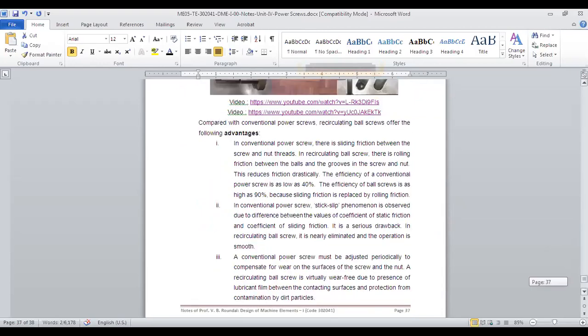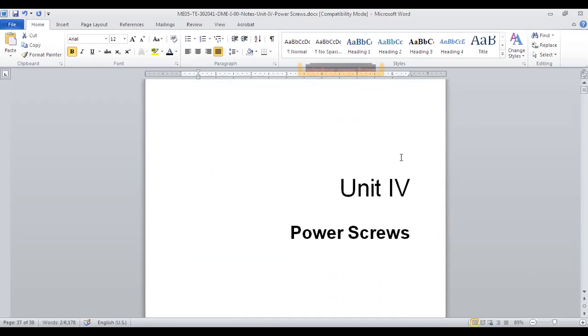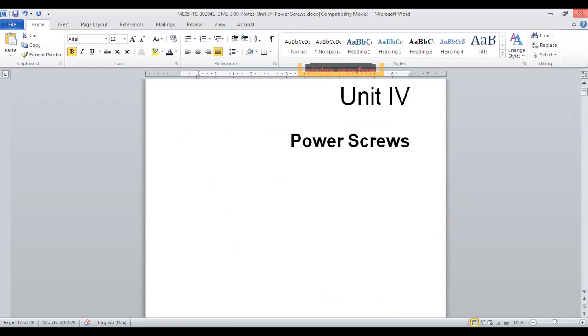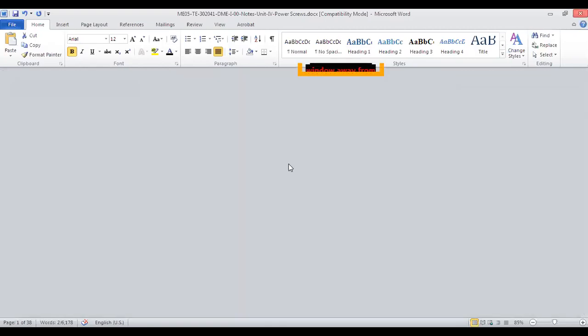I think I tried to cover each and everything expected as per the syllabus. Okay, let me just stop sharing this. Let me open the syllabus and see whether we have missed anything. This is what we should do at the end.